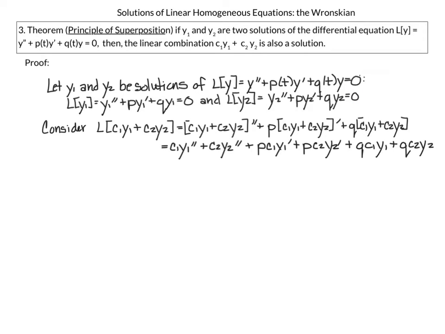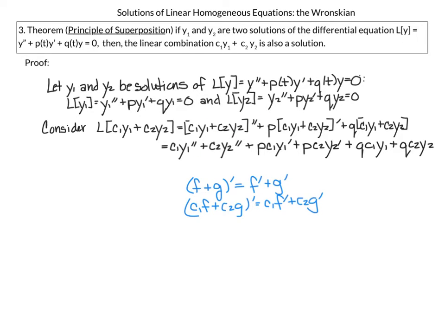Because of properties of derivatives, we can separate out the (c1 y1 plus c2 y2) double prime, and since these are just constants, we pull the constants out and get c1 y1 double prime plus c2 y2 double prime. Similarly, over here, we get p times c1 y1 prime plus p times c2 y2 prime plus q c1 y1 plus q c2 y2. The way I distribute the prime to y1 and y2 is just because the derivative is a linear operator.